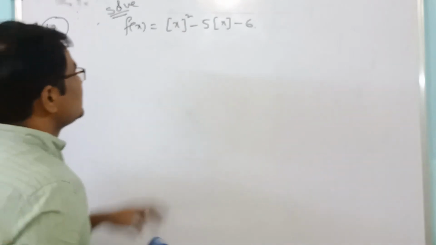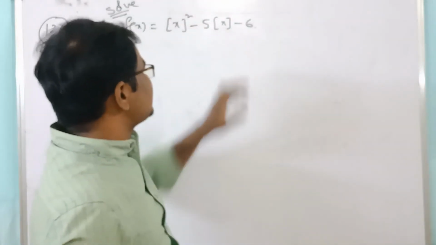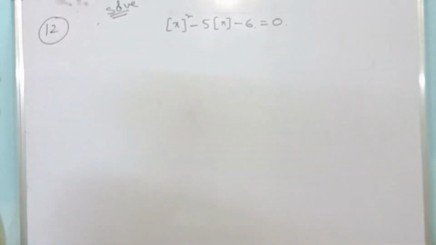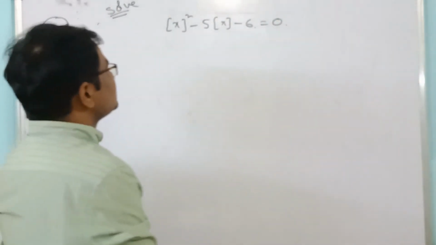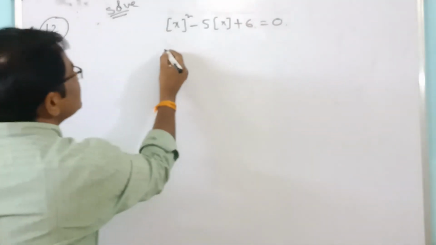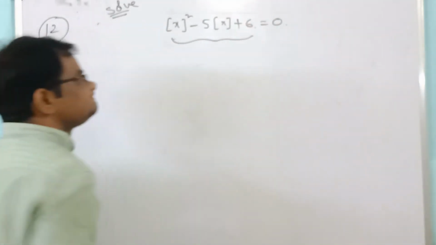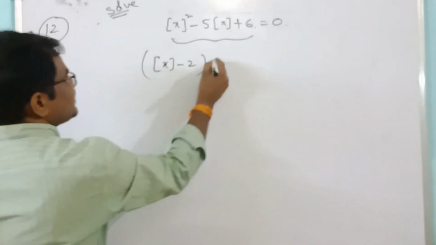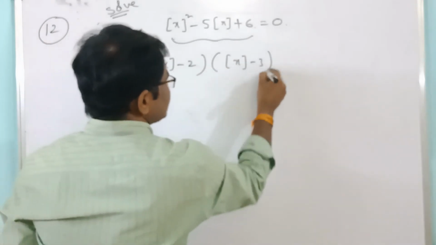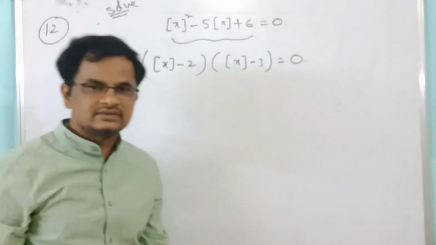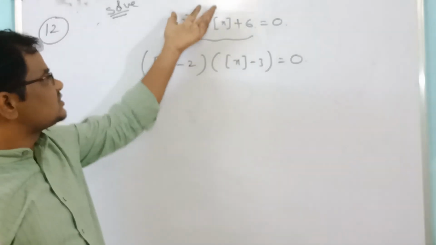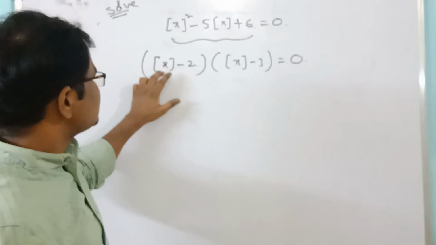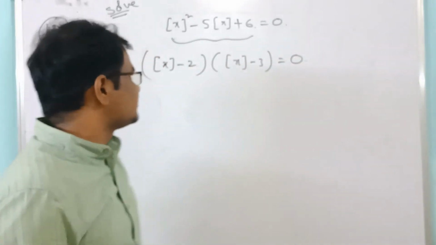Solve this equation: [x]^2 - 5[x] + 6 = 0. Now take the factors: ([x] - 2)([x] - 3) = 0.